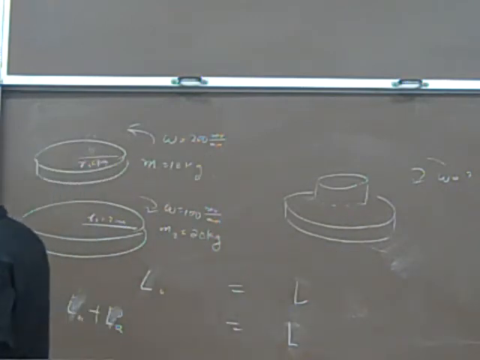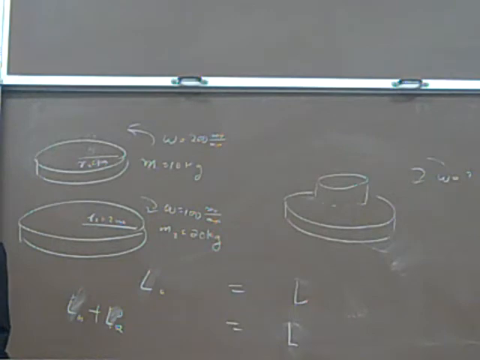We have many different expressions for the angular momentum. Here, which one should be used? Like we have M, V, R perpendicular, or we have I omega. Which one should be used here?